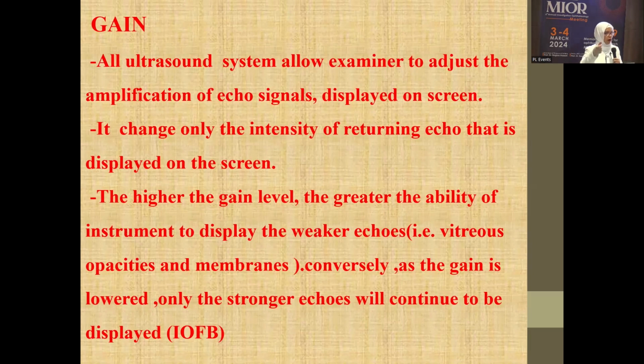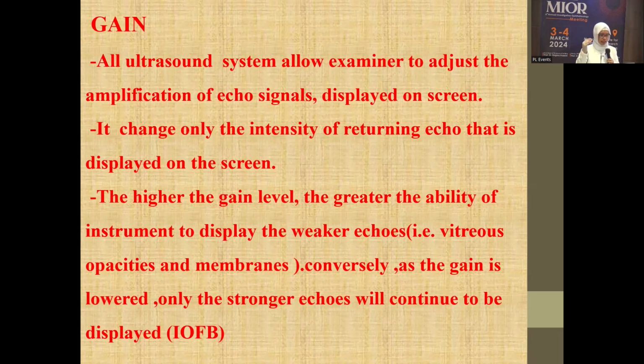Okay, that's why I can move the gain up and down, and there are different situations where you can increase the gain. In different diseases you will increase the gain, and in another, if you want to see the choroid, it's better to decrease the gain. Okay, this will let you see the choroid well. If you want to see cupping of the optic nerve, you may decrease the gain. Okay, so there are many other situations when you can increase or decrease the gain.